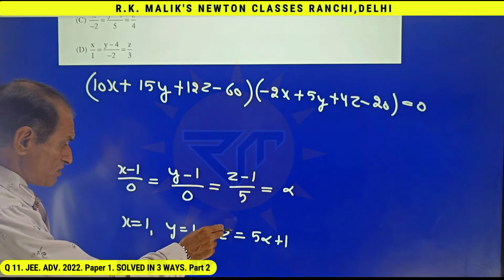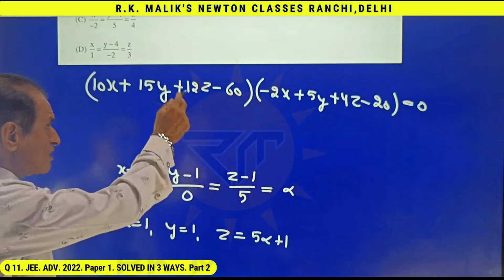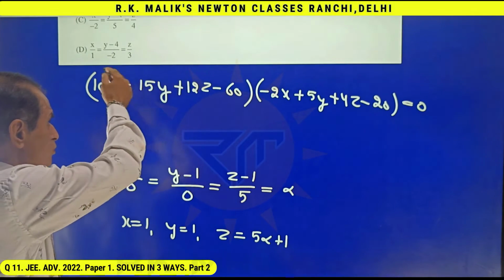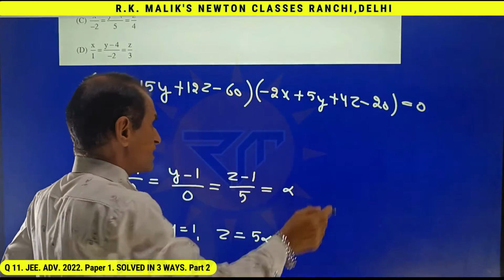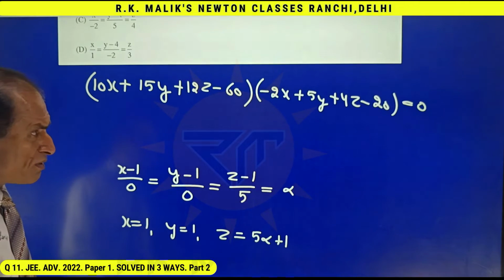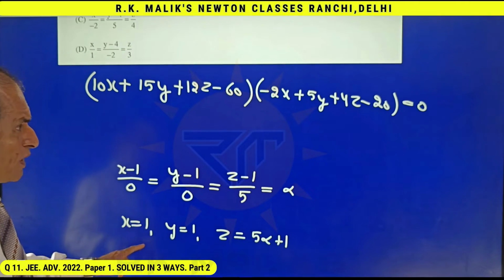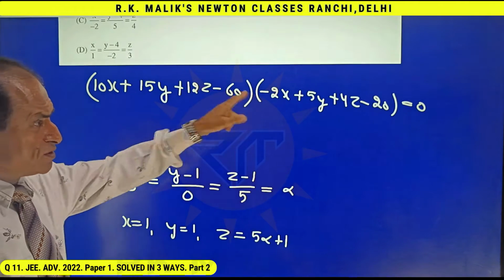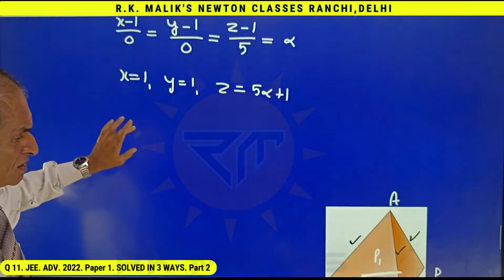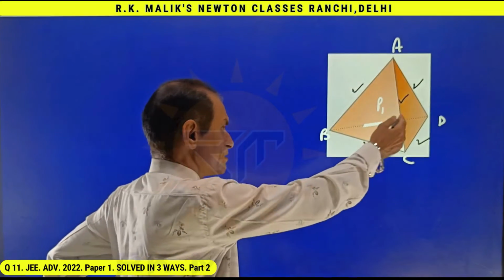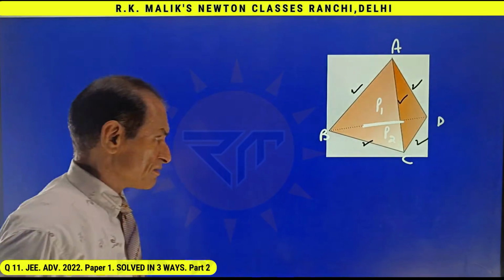By putting that value of alpha here, I'll get the coordinates of the point B or D. If for this point this becomes identically 0 and this also becomes identically 0, this will mean that this point lies on this plane and also this plane. In that case, this will become the equation of the line BD.